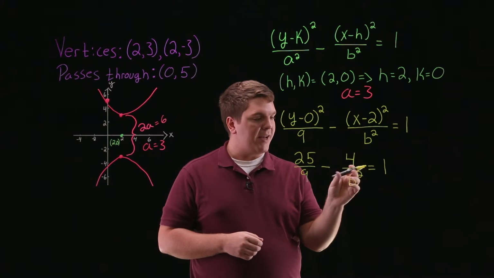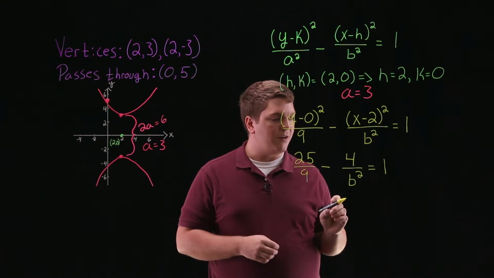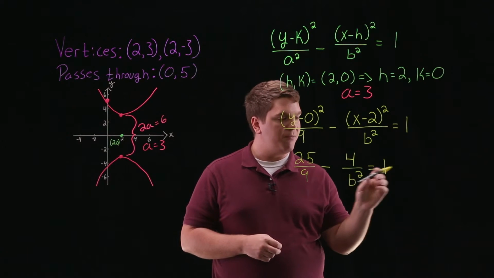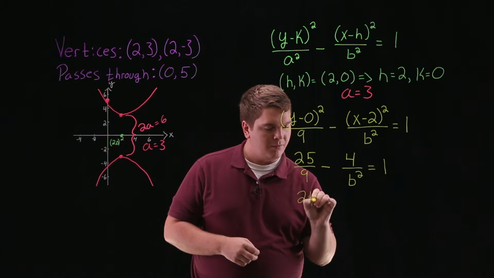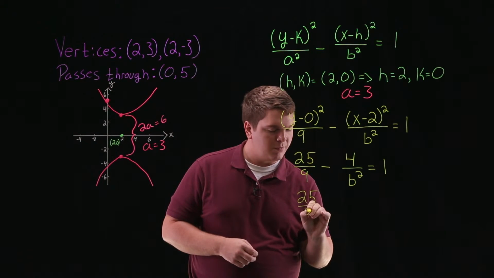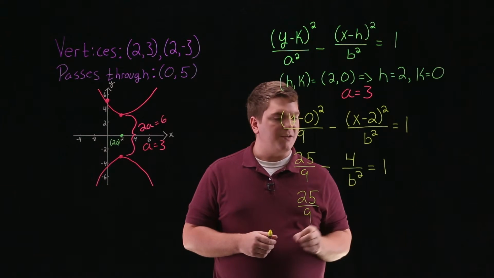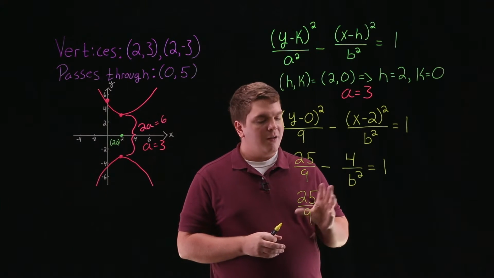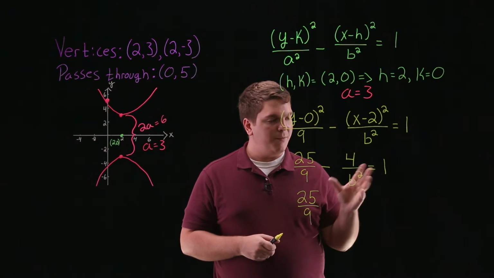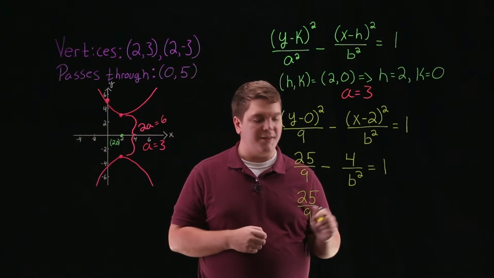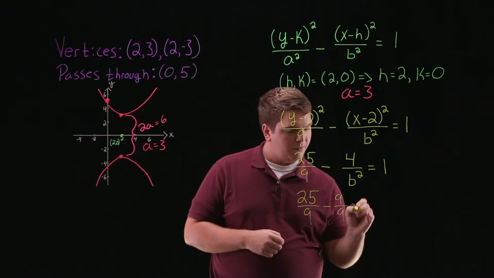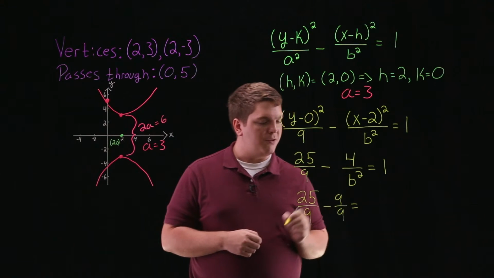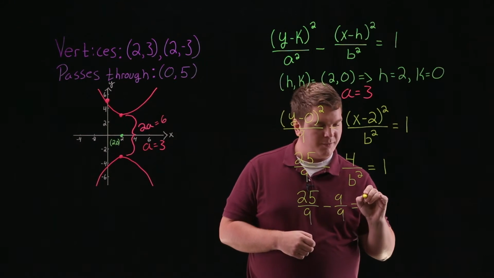So let's go ahead and add 4 divided by b squared to both sides of the equation and subtract 1 from both sides of the equation. So instead of just subtracting 1 from both sides, let's try to simplify some of the arithmetic, and we'll subtract 9/9. And this is going to be equal to 4 divided by b squared.